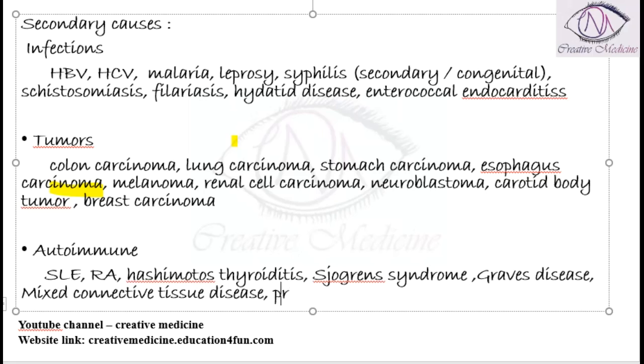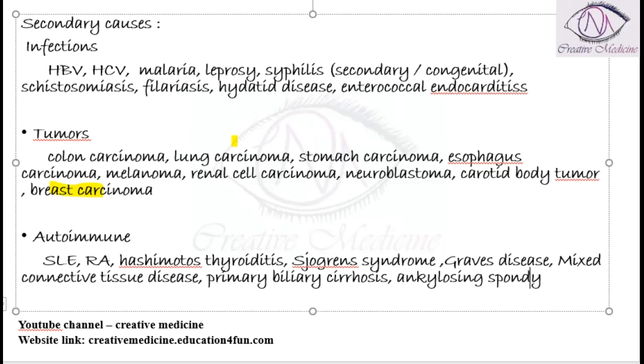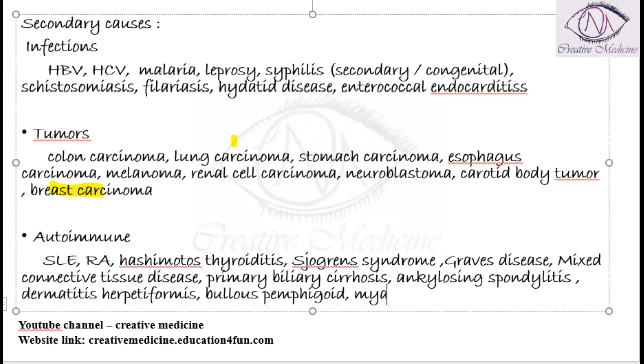Or we have primary biliary cirrhosis, or it can be due to ankylosing spondylitis, dermatitis herpetiformis, bullous pemphigoid, and myasthenia gravis.